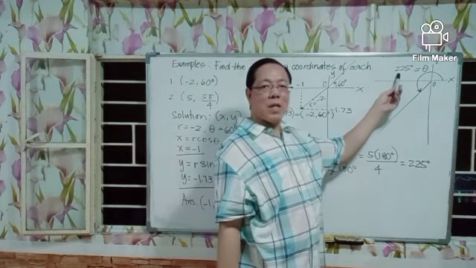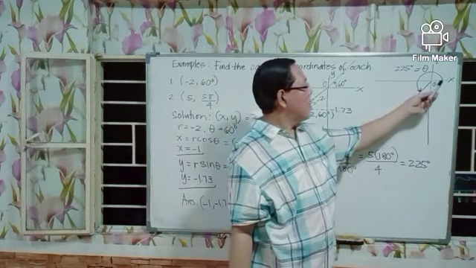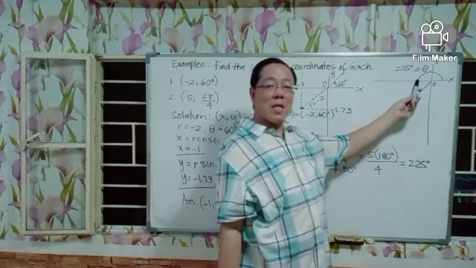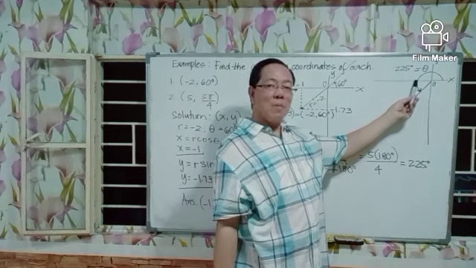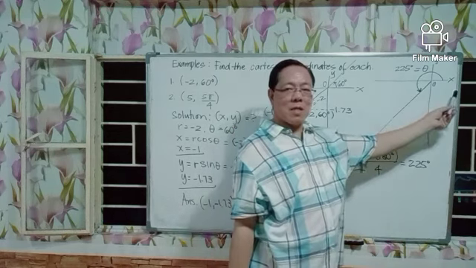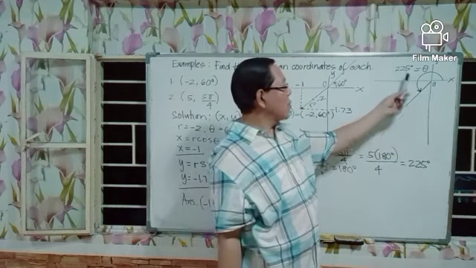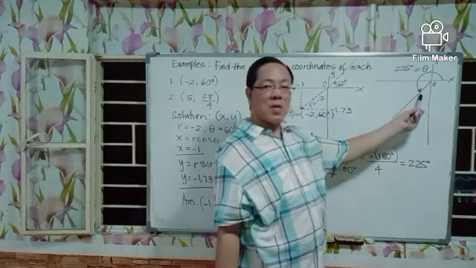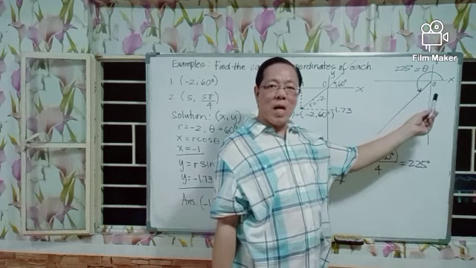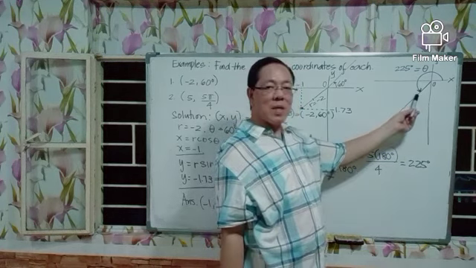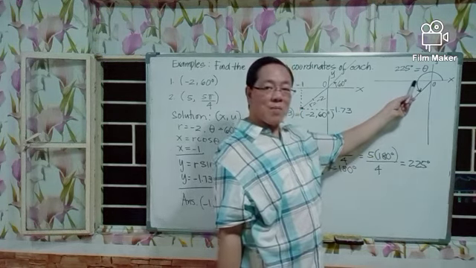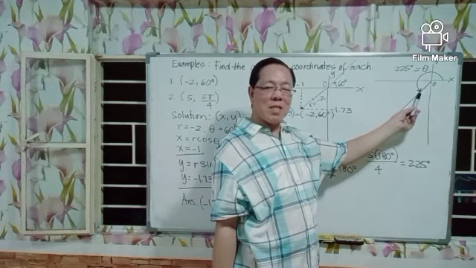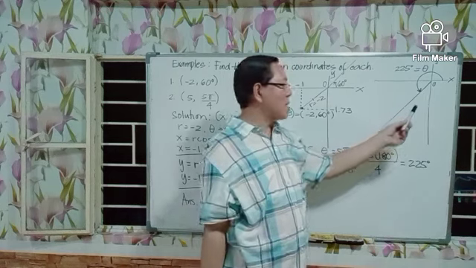We measure 225 degrees. From this point on the positive x-axis to this point on the negative x-axis, we have a straight angle of 180 degrees. And from 225, we subtract 180 and we get this 45 degrees. Thus, 180 plus 45 degrees from the positive x-axis to this point on the terminal side is 225 degrees.